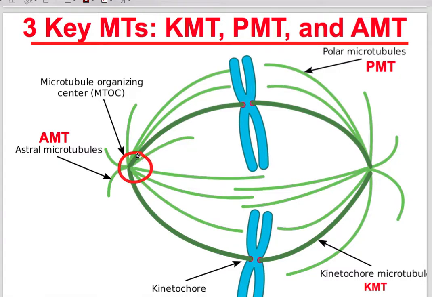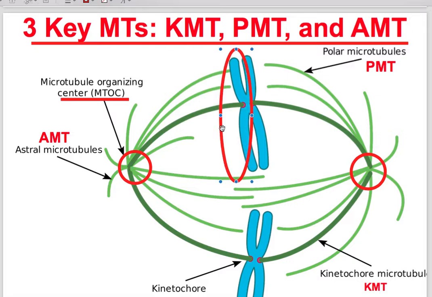Everything is starting from the microtubule organizing center. On your table, this is the centrosome. All the microtubules are going to be coming out of the dual centrosomes that are on either pole of the cell. Think of a north and a south pole, and this is your equator, for example. The whole goal is to rip this copy of the chromosome this way.